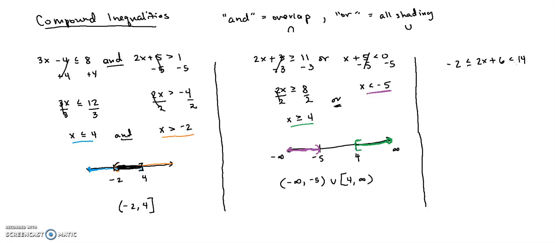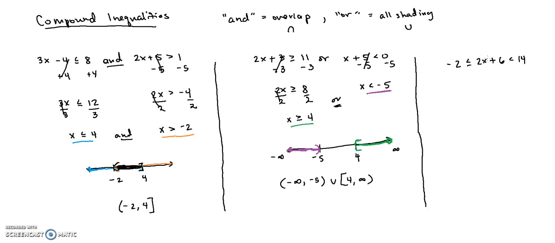Okay, so we're given this, it's all written as one inequality, so 2x plus 6 is greater than or equal to negative 2 and less than 14 at the same time. So it's actually an and statement, but it doesn't matter whether you remember that or not, because you can just solve it and put it on the number line.